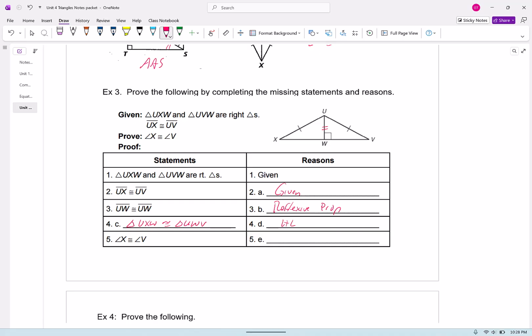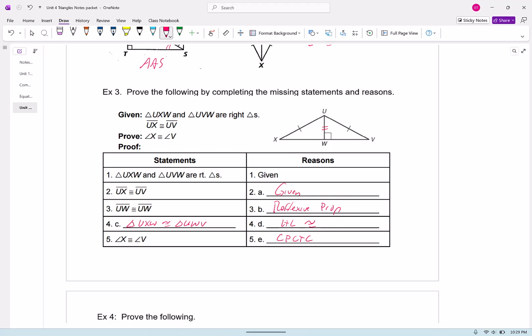Why? Because of hypotenuse leg. And because of that, I can say that angle X and angle V are congruent. Why? Because CPCTC.